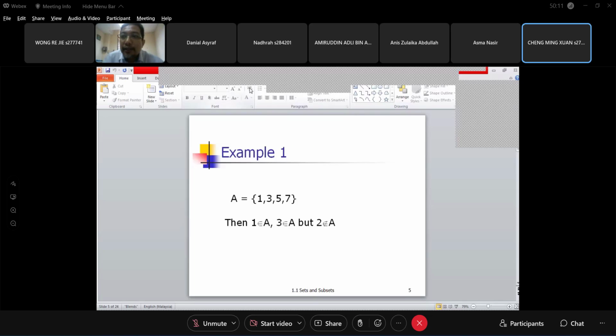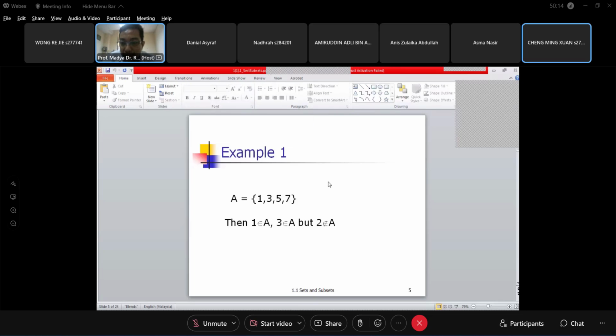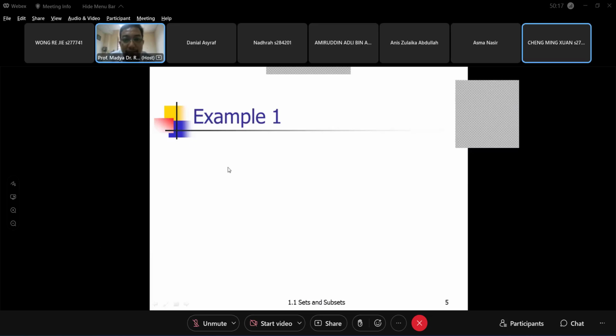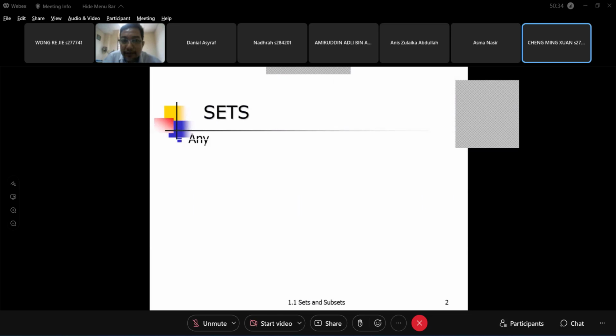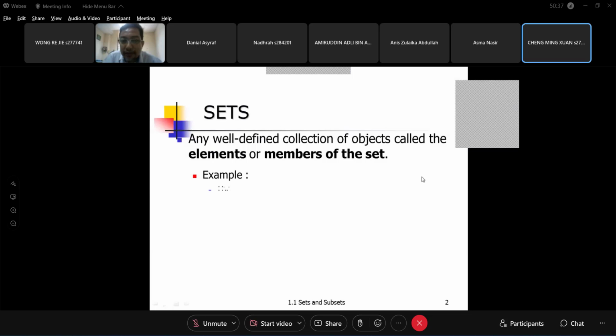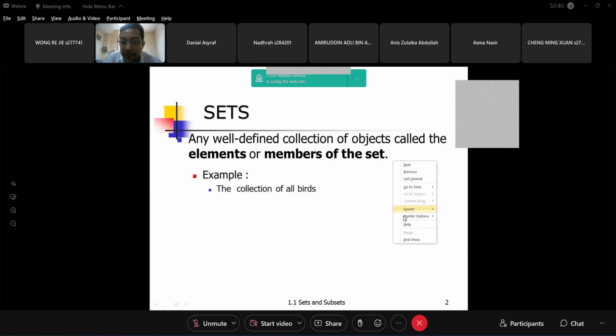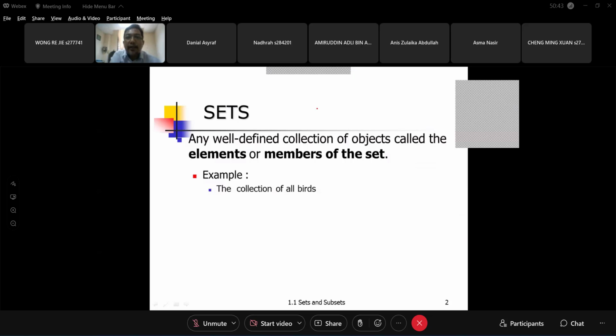Chen Ming Ten. You asked about the X line X symbol, why is it written in this form? Which slide? Slide 9, this one.